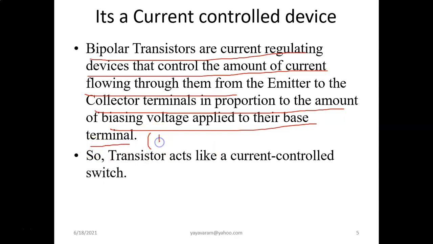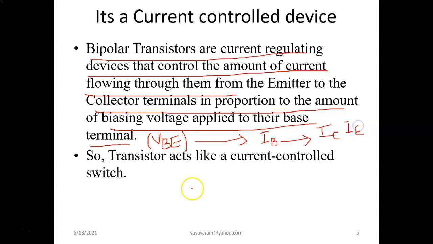This base emitter voltage VBE, which we apply, should normally be forward biased, and because of this you get the base current IB, which will be in microamperes. We will discuss that afterwards. So this base emitter voltage or current IB will control the operation of your transistor, the collector current IC, and the emitter current IE.